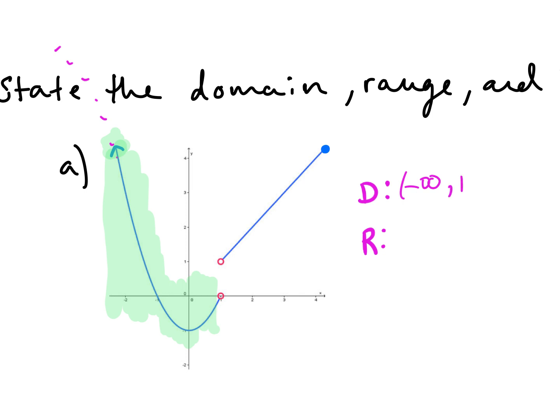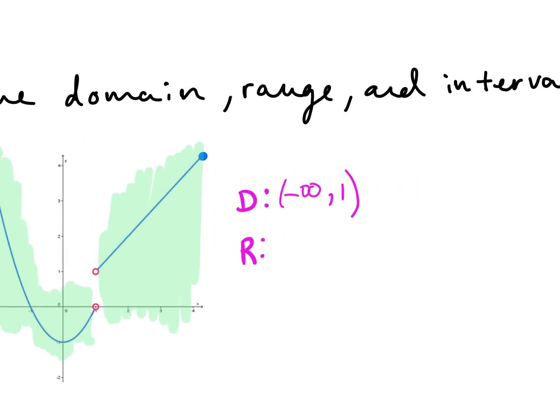What happens at 1? There's an open circle at both places, right? What happens just after 1? Your graph picks up again at 1, and it goes to 4. Does it include 4?